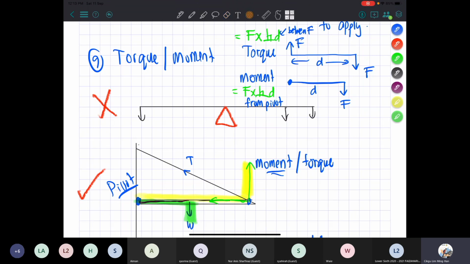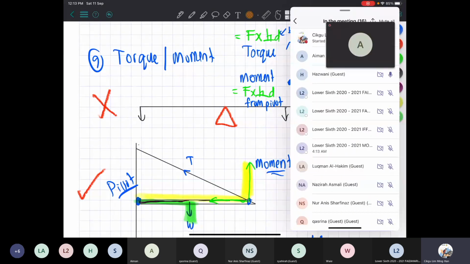Find how it appears in the past year papers, and if you find one, show me tomorrow night and I can discuss how to find it. Faiza?